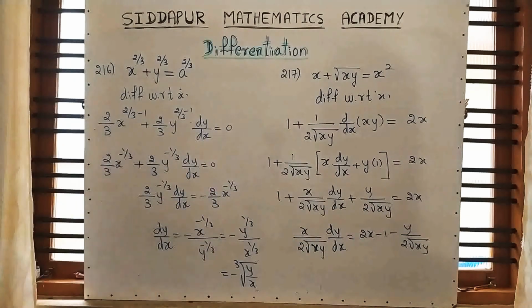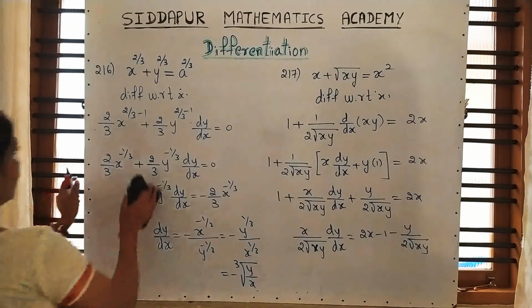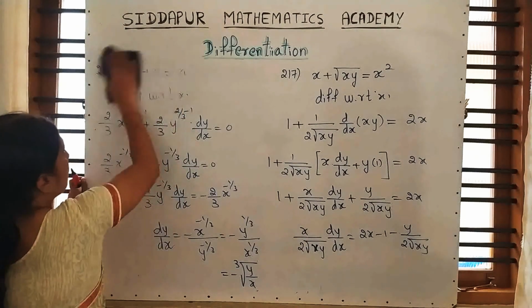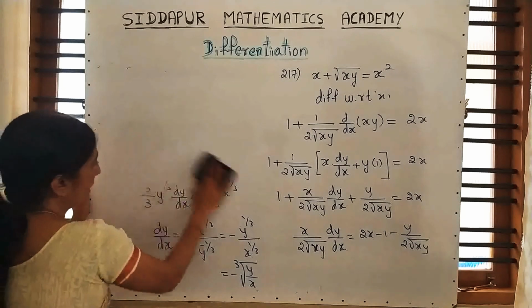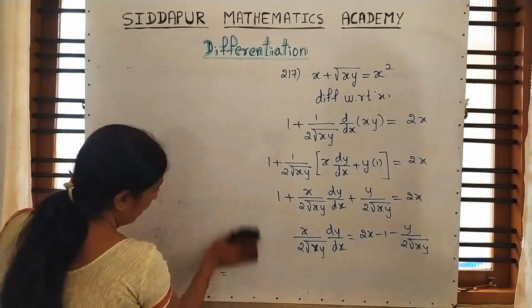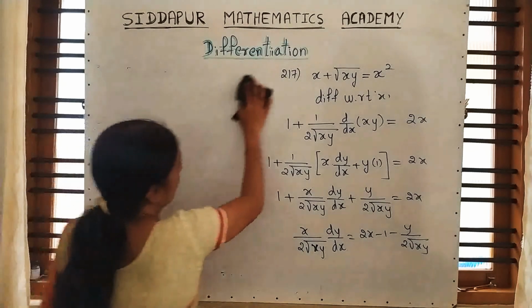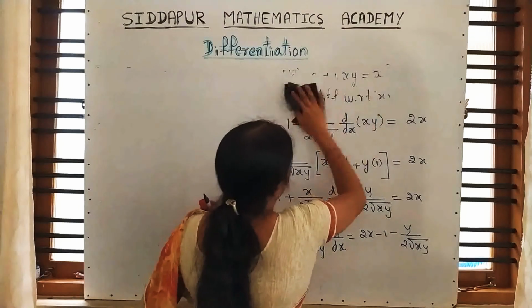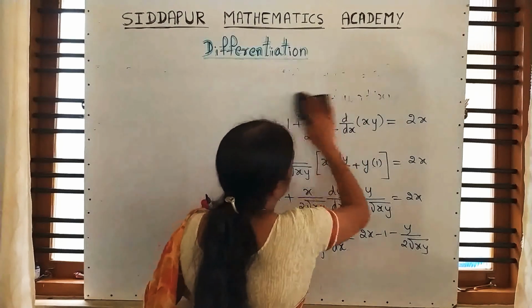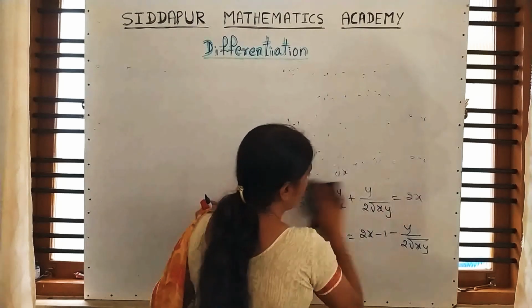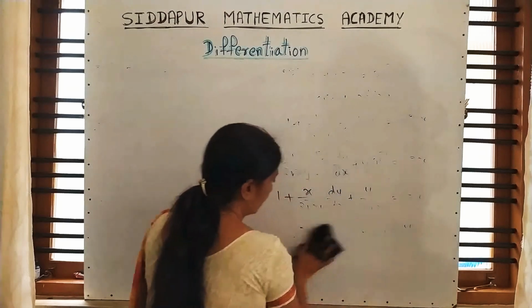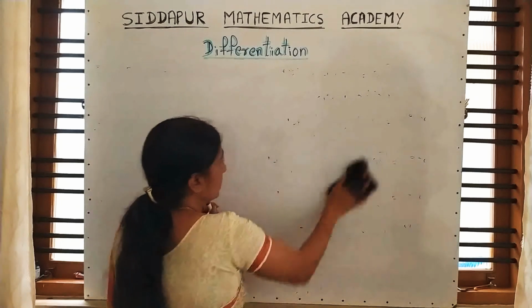Very simple. Just rearrange and solve it. I did all the steps. I just left it to the students to write dy upon dx in the simplified answer. Only that much work I gave for the students. Moving to the next question.